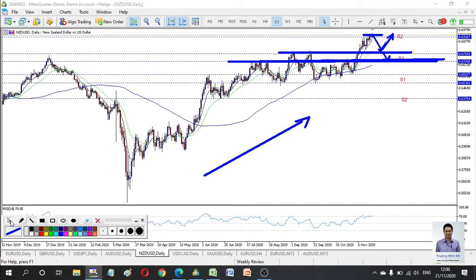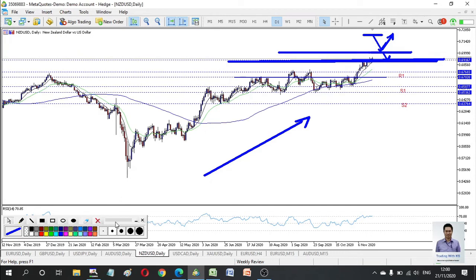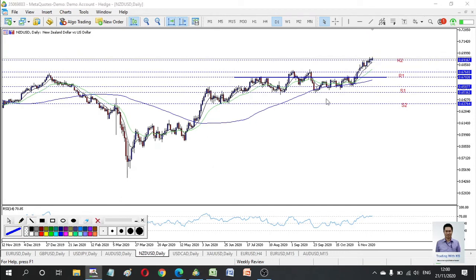Or another scenario, it can break this area, come back, retest and bounce. So we will look for the bounce in this area for you to trade, to long the pair.